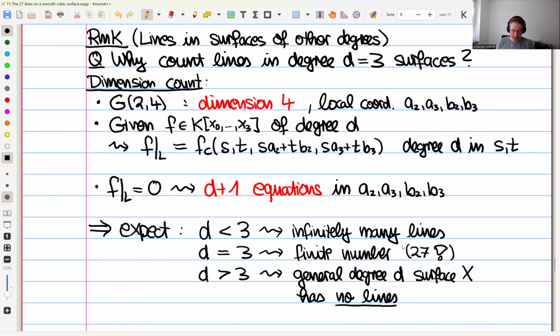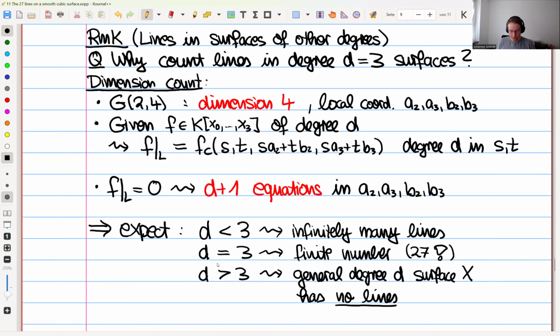And so the expectation is if d is less than 3, so for example, if you count lines in a degree 2 surface or degree 1 surface, then you find infinitely many lines. And for degree 1, this is just clear because degree 1 is a linear surface. And so a linear surface in P3 is isomorphic to P2, but P2 has infinitely many lines in it. You can move the line around wherever you want.